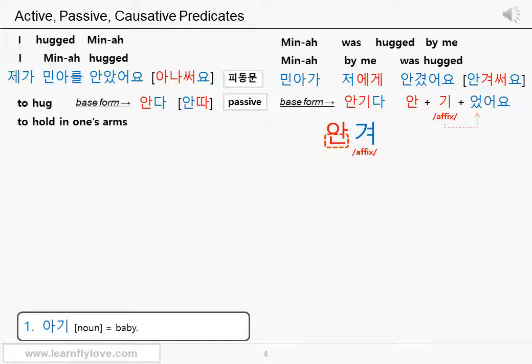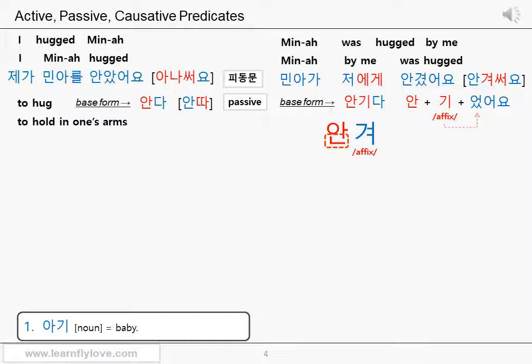And 안기다, the action by Mina coming into your arms is happened to you. Okay? The point is, you can say that the particle 에게 is used for the one that performs the action in the passive sentence. But you should know that sometimes the quality indicating the direction and destination that the particle 에게 has remains even in the passive sentence. And that is the reason why you cannot use this particle with the passive form of the certain verbs. You'll know what it means later.